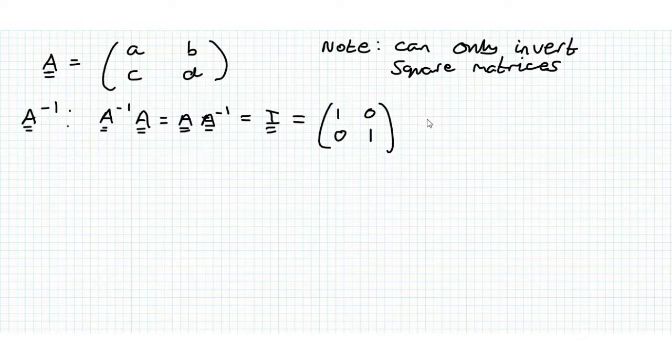But if it's 3 by 3, we have just another 1 on the diagonal, so it's just 1s across the leading diagonal with 0s everywhere else in the matrix. That's the identity, okay?